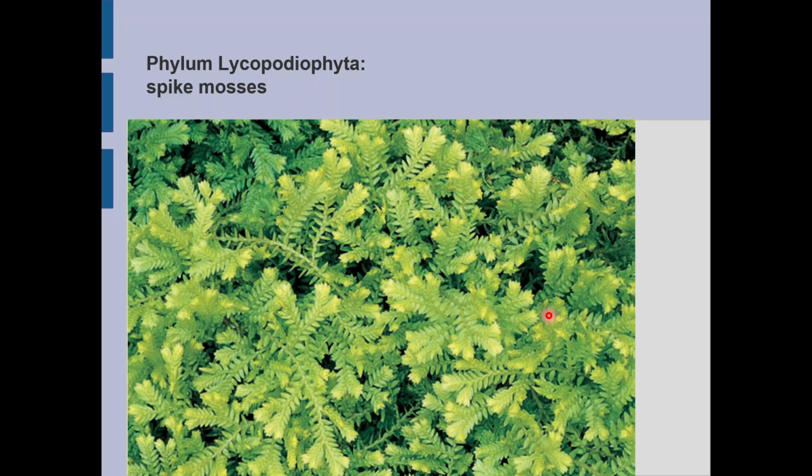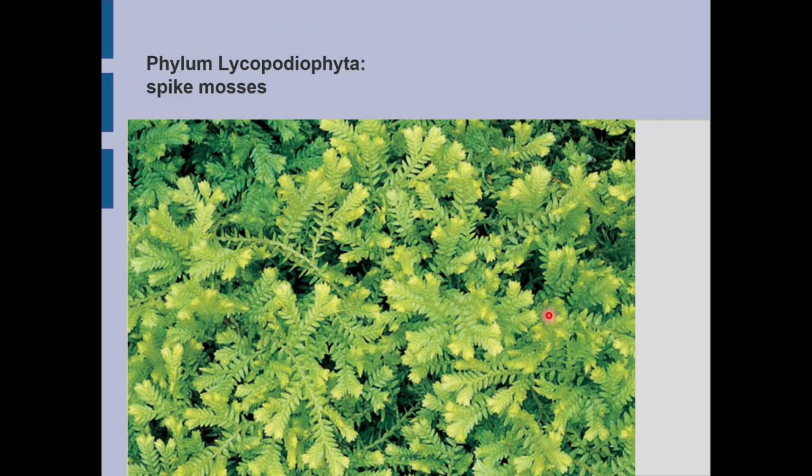So the next one is the spike mosses. Spike mosses have a variety of forms. They usually grow flat, but there are also some of them with erect stems.